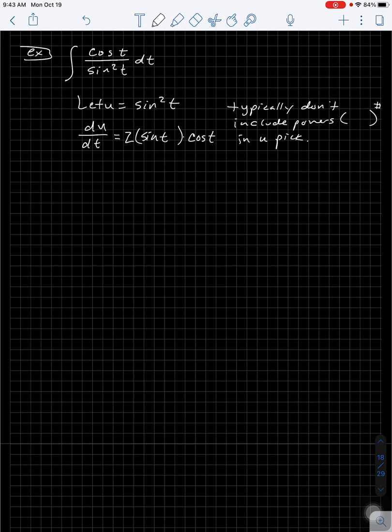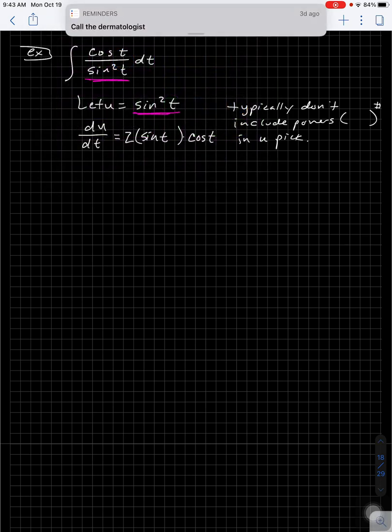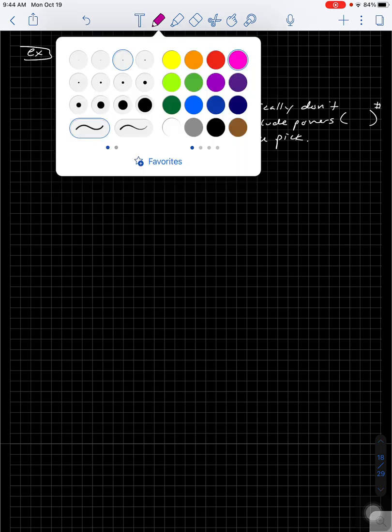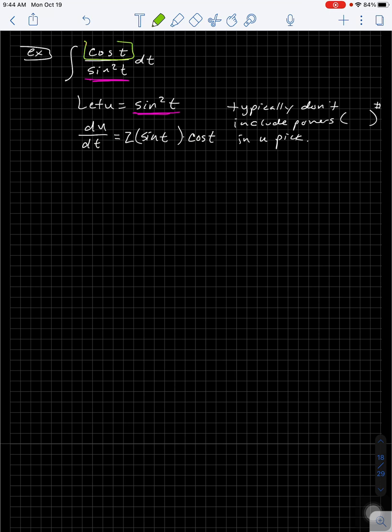Okay, now look at what happens. Yes, you did a great job in substituting this guy, but the only thing I have left now for my du part is the cosine and the dt. But look at what I have over here.